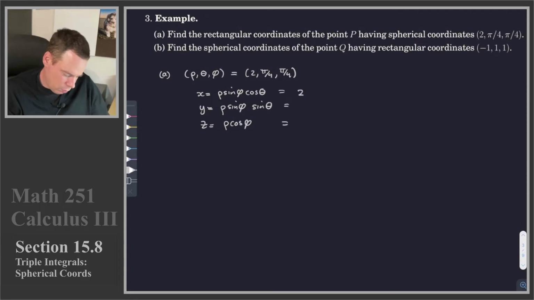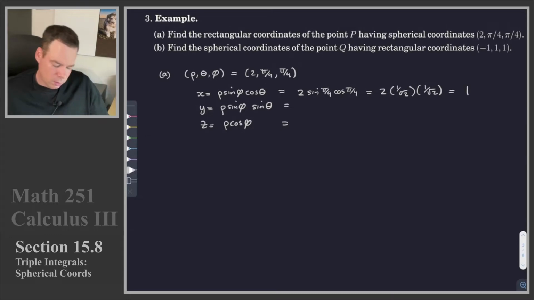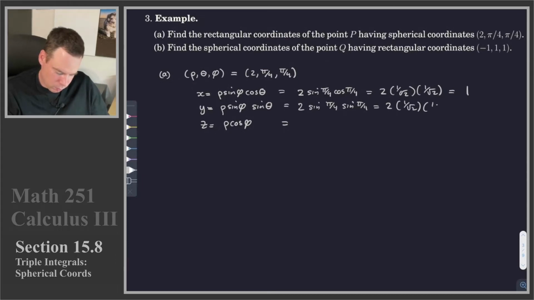And so this is 2 sine pi by 4 cos pi by 4, or in other words 2 times 1 over root 2 times 1 over root 2, which is 2 times a half, which is 1. Similarly here we get 2 sine pi by 4 times another sine pi by 4, which is 2 times 1 over root 2, 1 over root 2, which again is 1.